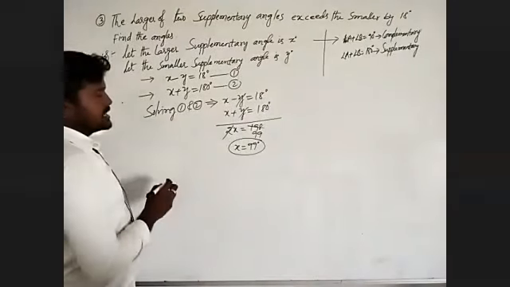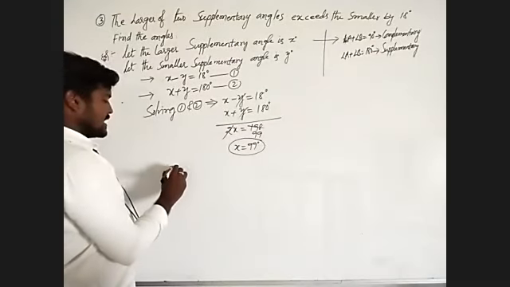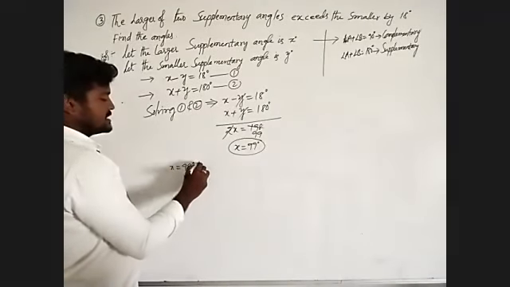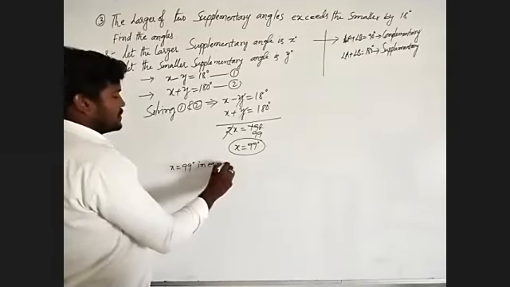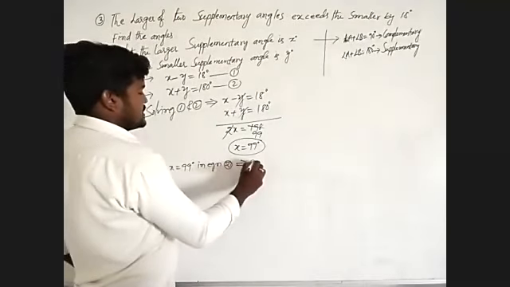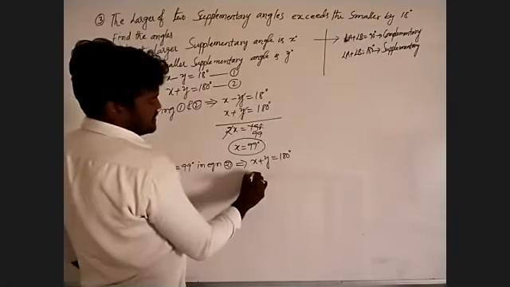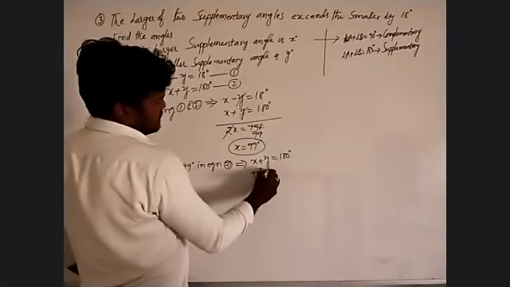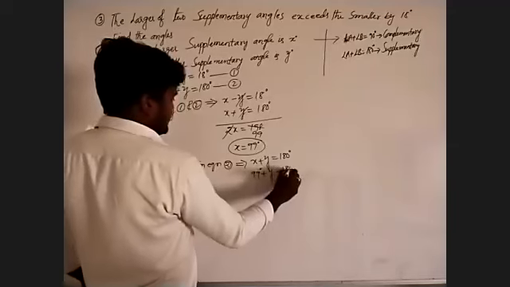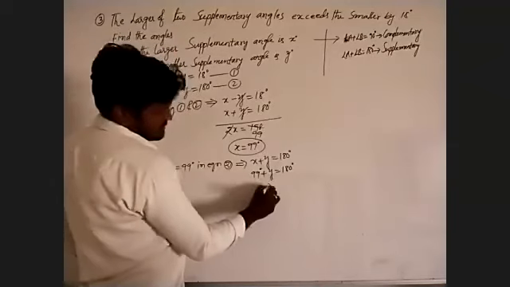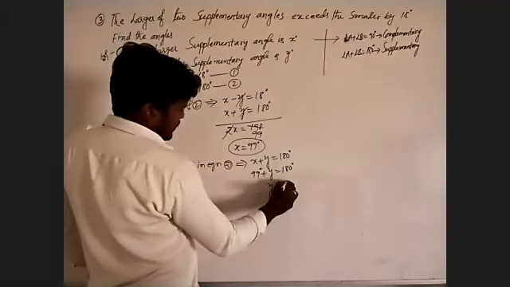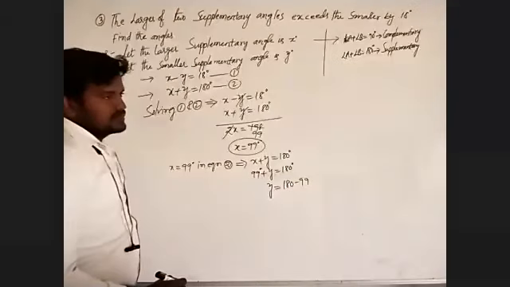We have to substitute x equals 99 degrees in equation number 2. Then x plus y is 180 degrees, so 99 degrees plus y is equal to 180 degrees, and y is equal to 180 minus 99.